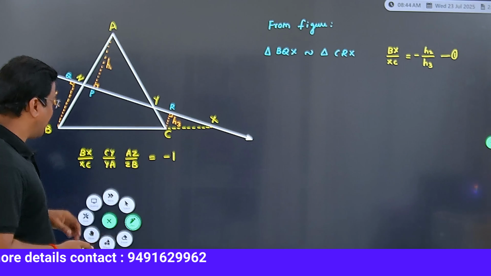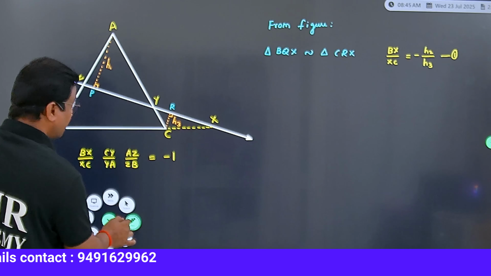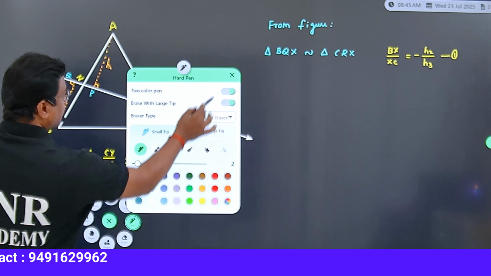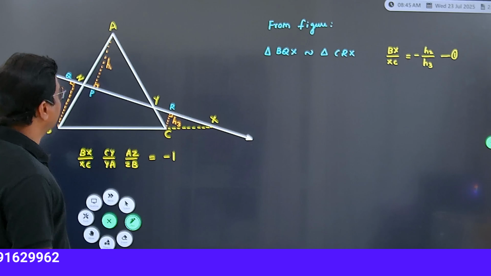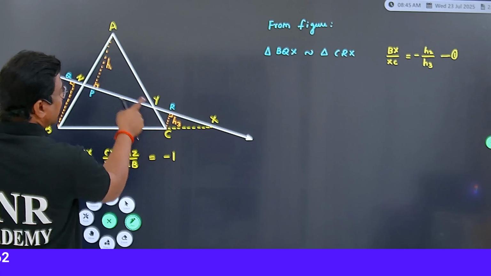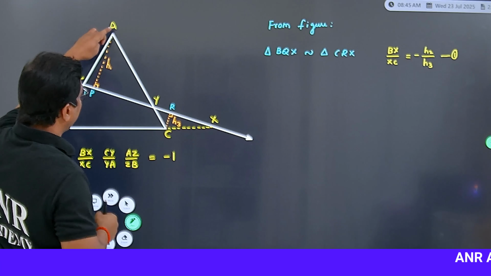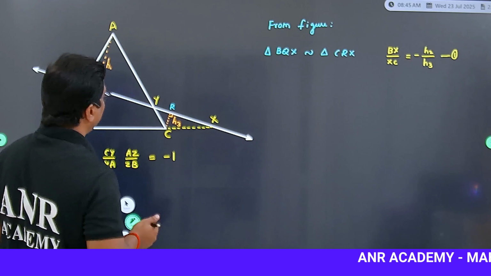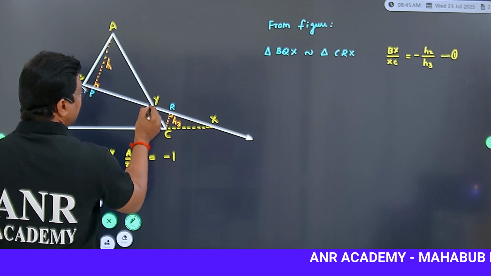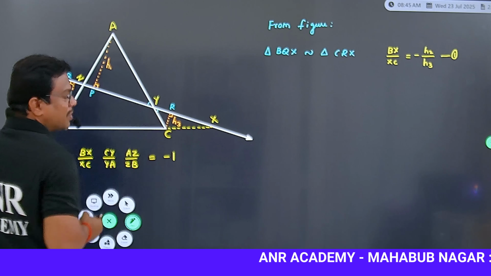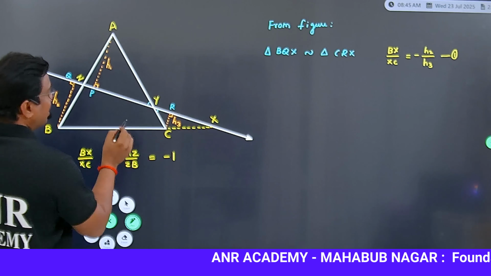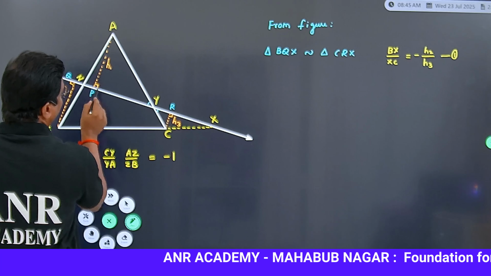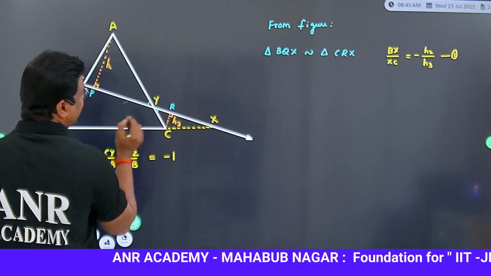And also observe, next, these two triangles are similar, that is APY, CRY. Why? Because here vertically opposite angles are equal, and here you have 90 degrees and here it is of 90 degrees.